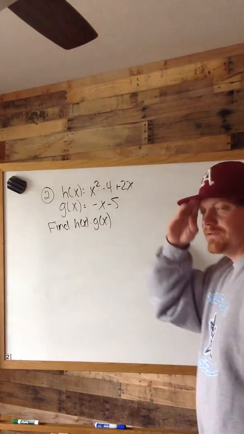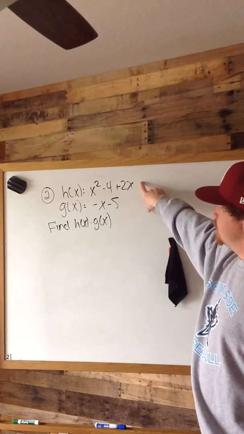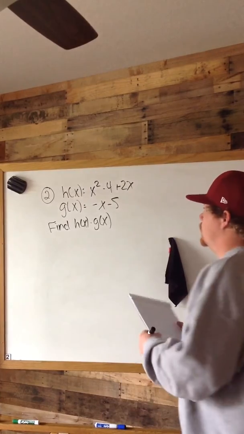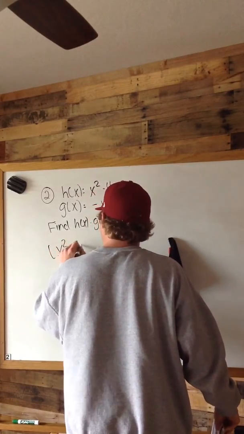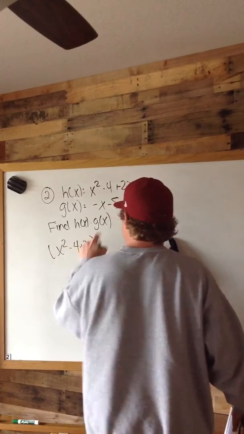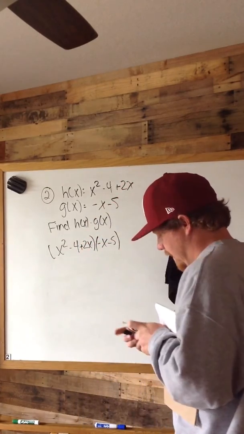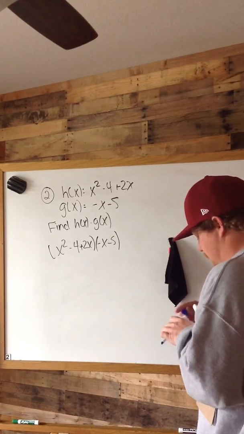Now, you'll notice on the rest of your assignment, everything is binomial times binomial. This one actually was a trinomial times a binomial. Plug in what we know, we got x squared minus 4 plus 2x times negative x minus 5. If you'll recall, we did this not too long ago, maybe about a month and a half.